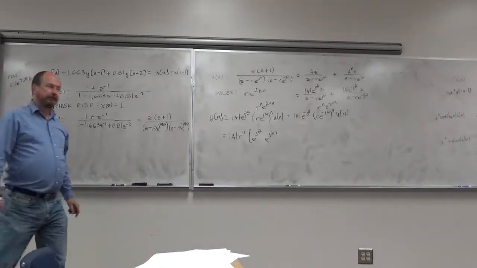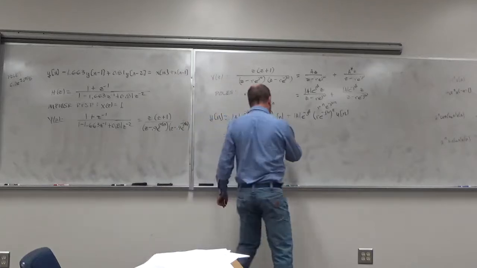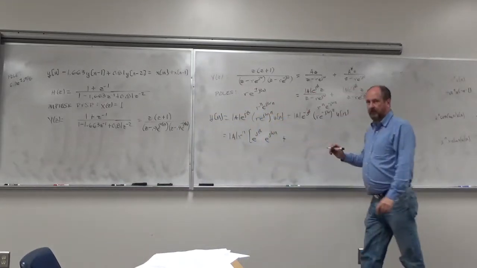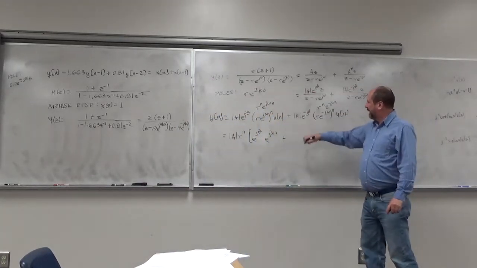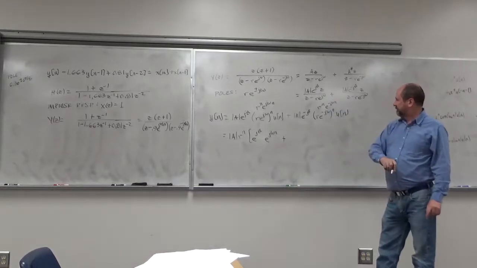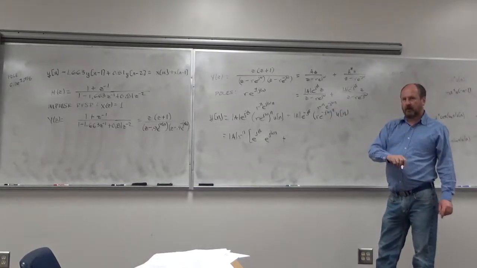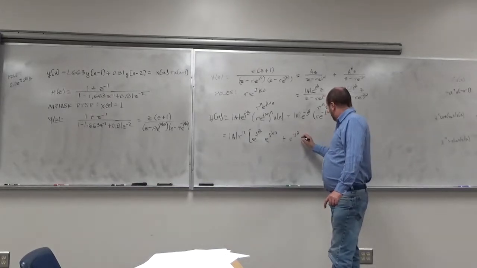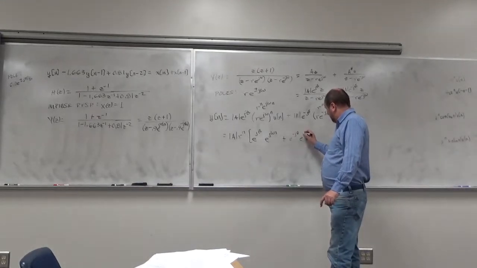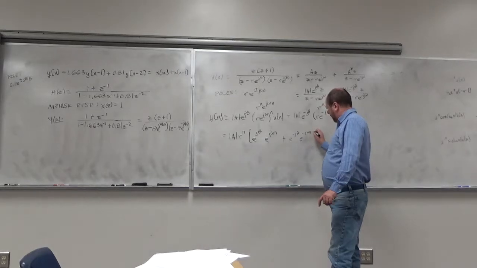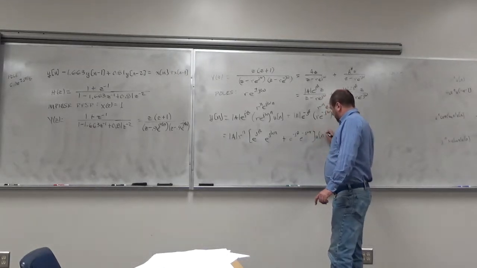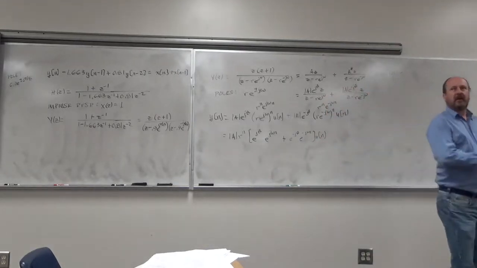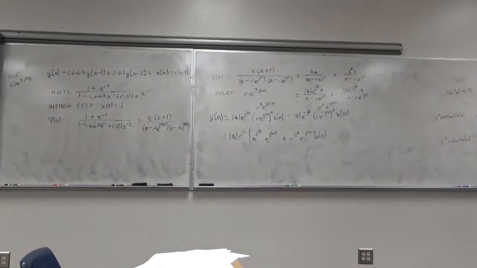Second term, what do we get? You all tell me. I factored the r out. E to the negative j theta times e to the negative j omega n u of n. Do you see how this is all about to fall out?